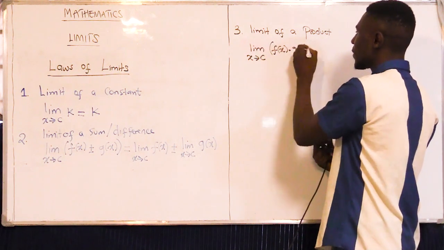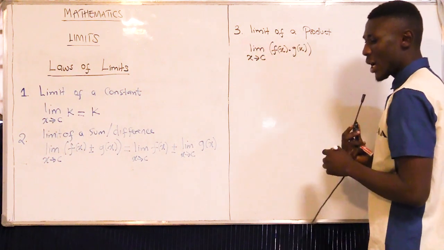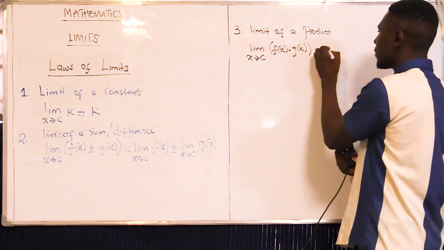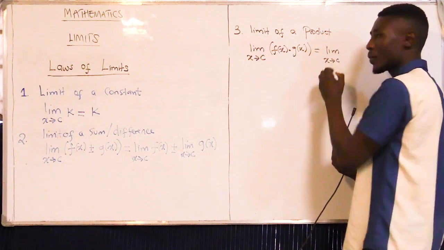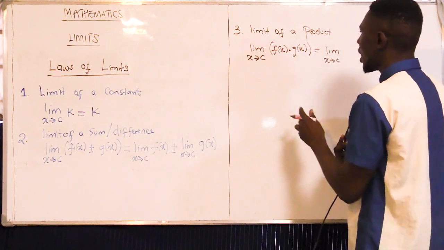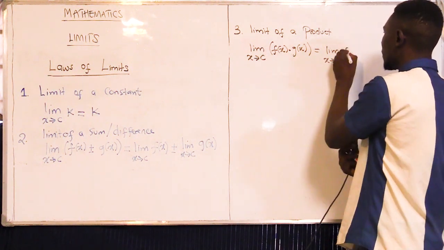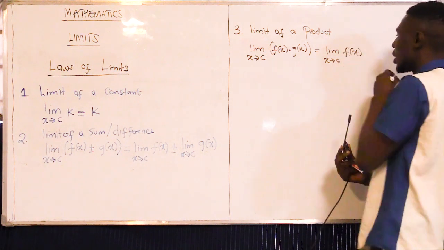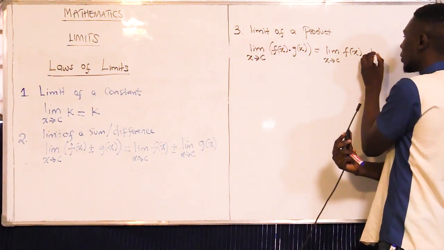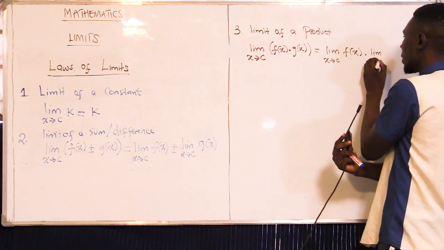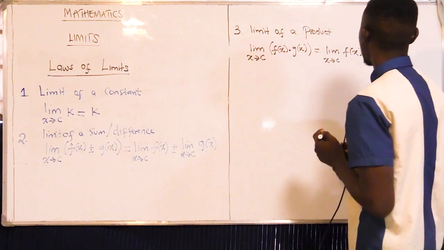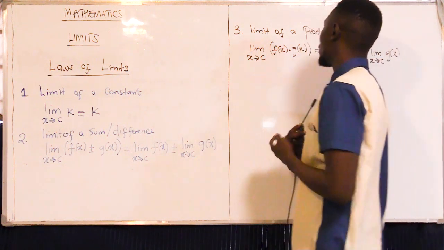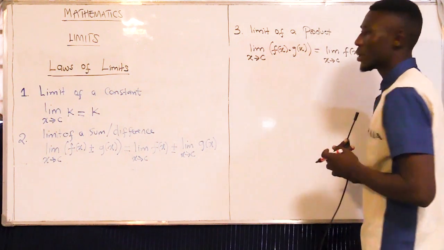If this is the result I have, then I get limit as x is approaching c of the first function f of x, and I'll multiply with limit as x is approaching c of the second function g of x, like that. And this is the product rule of limits.